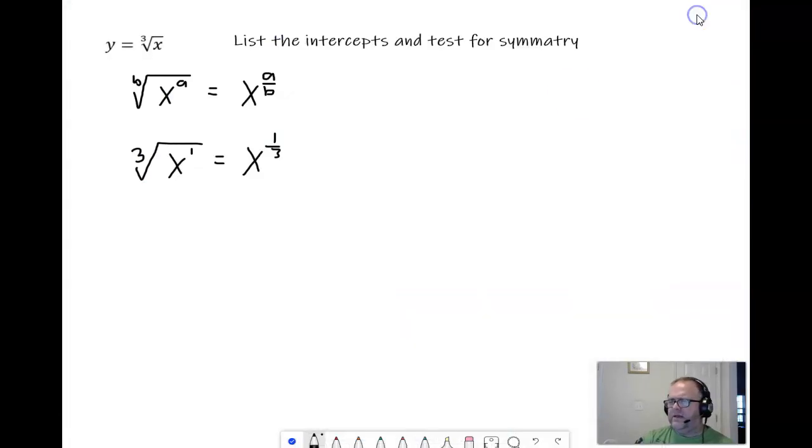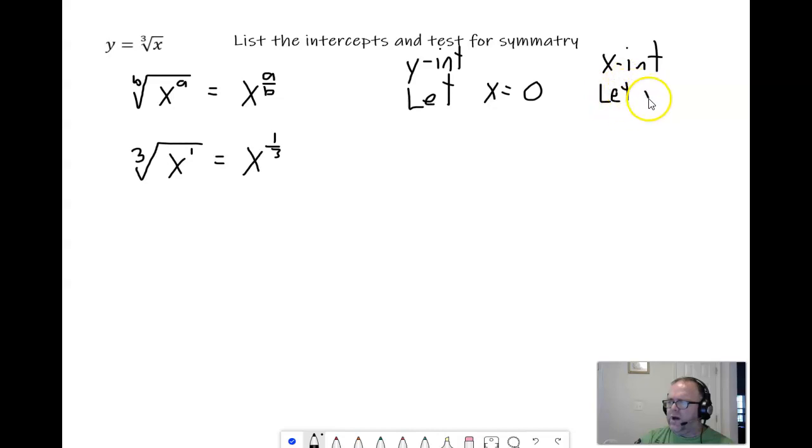We can test that mathematically as well. If we want to find the y-intercept, we're going to let x equal 0, and the same thing for the x-intercept, we're going to let y equal 0. So in order to find an intercept for a certain axis, you just let the other variable equal 0.